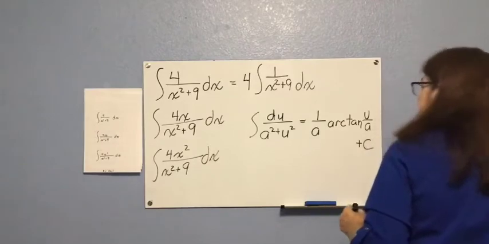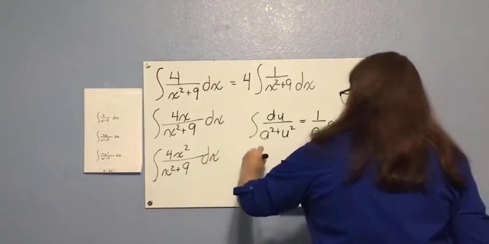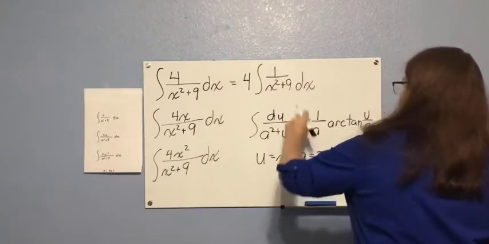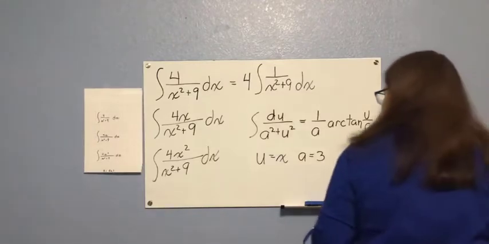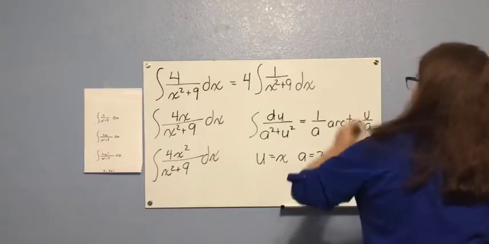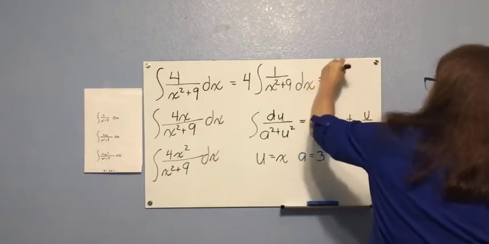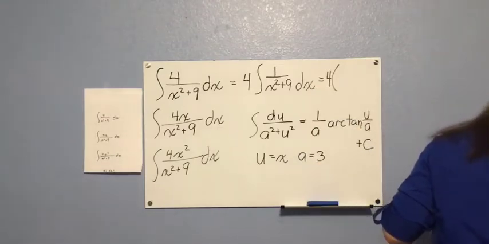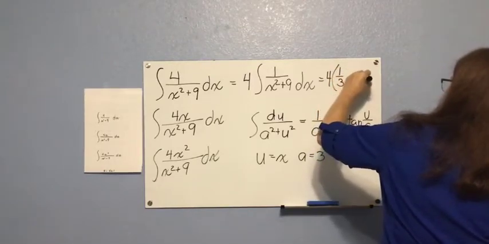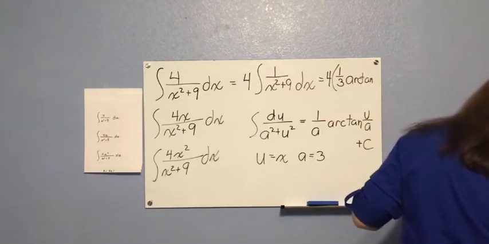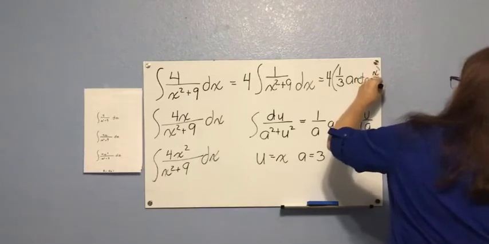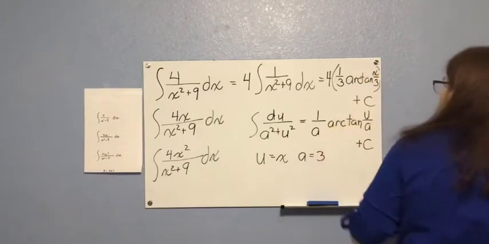And in this example, we're going to let u equal x, and a will be 3 since I've got a 9 there. So this is going to give me 4 times 1/3 arctangent x over 3 plus a constant.